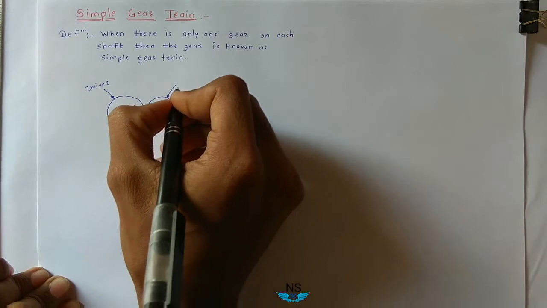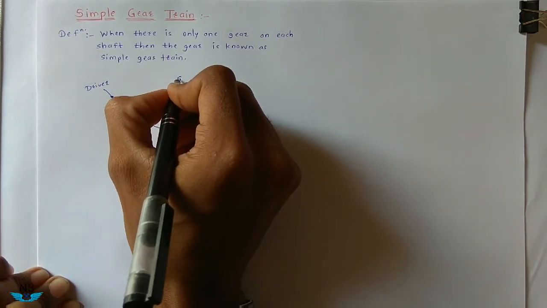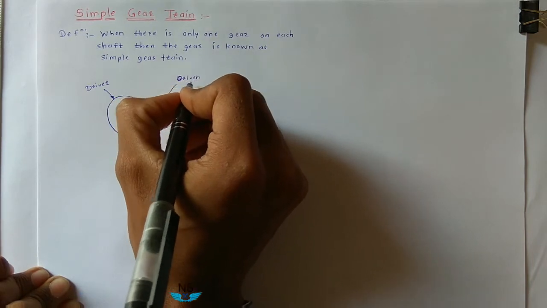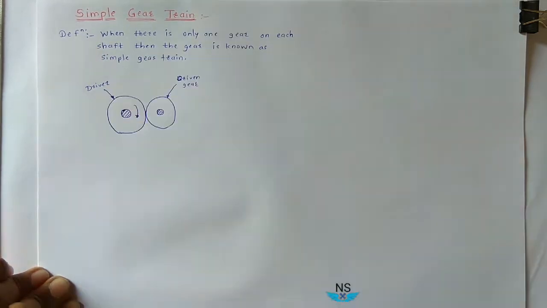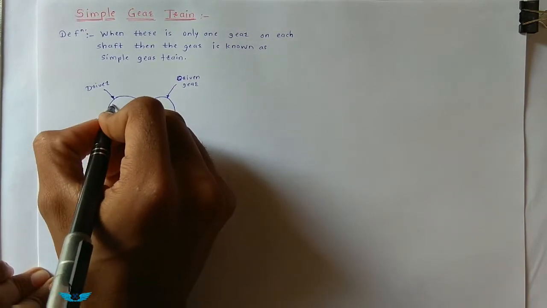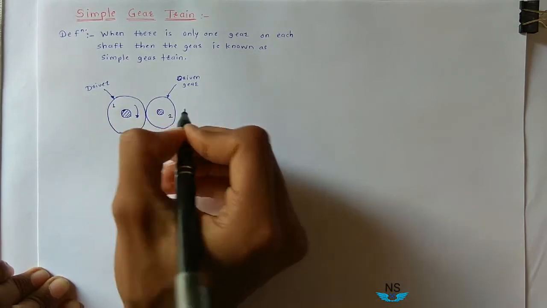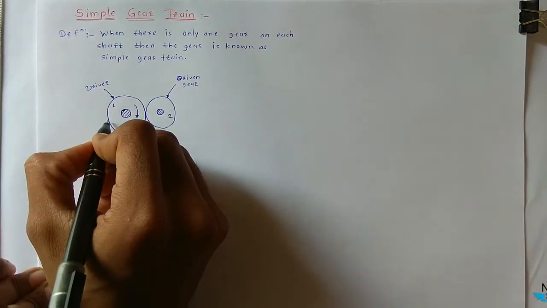If this gear is driven by the other, then it is known as the driven gear. This is the driving shaft, this is the driven shaft. So I call this gear 1 and this gear 2.